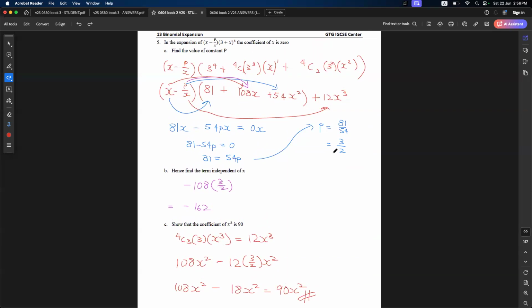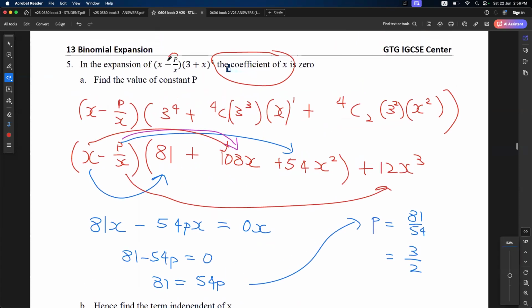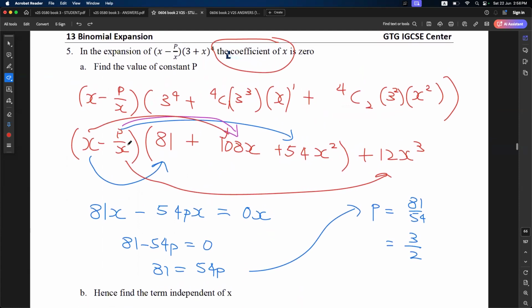81x minus 54px, because they tell you that the coefficient of x is 0, but there is a p which is the unknown. Look at the blue expansion: this times this is 81x, the coefficient of x.